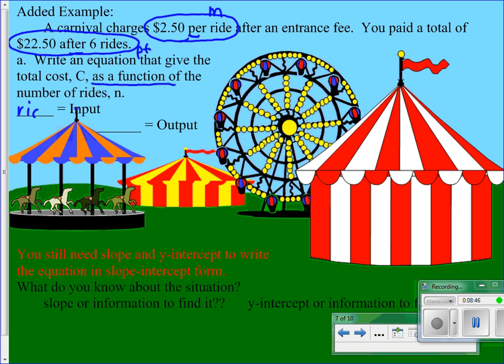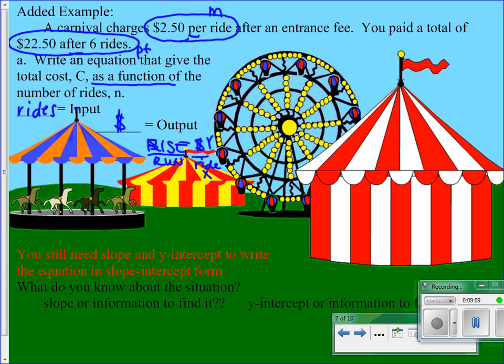That means your rides is your input, your cost is your output. You also can tell that from the slope, because slope is rise over run. And they told you cost per ride. So there's your y compared to your x. It's kind of a dead giveaway as well.